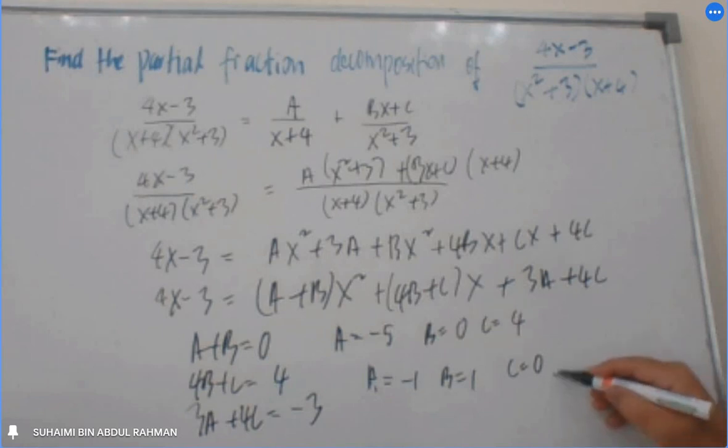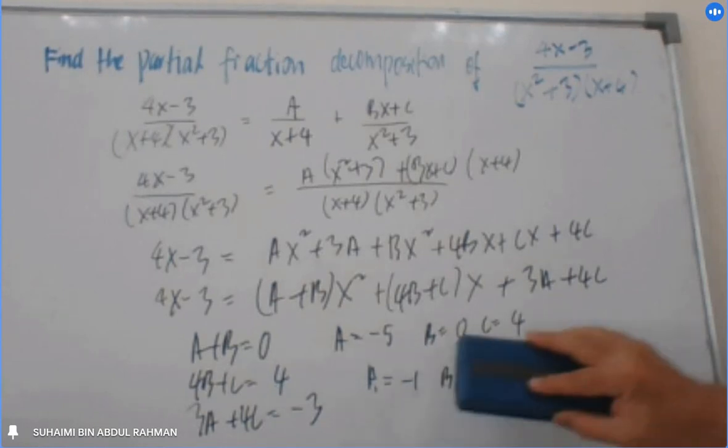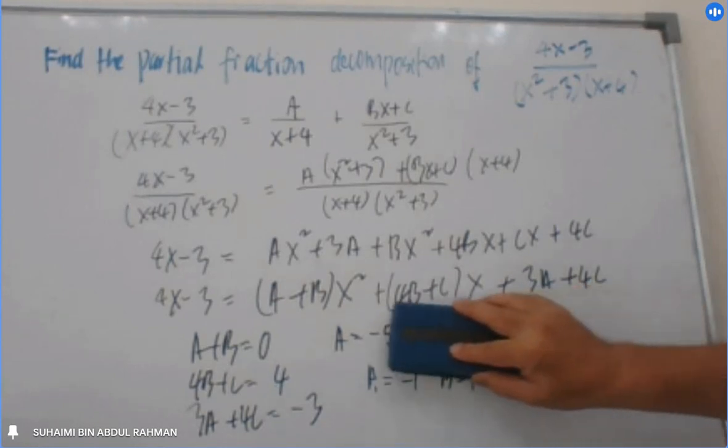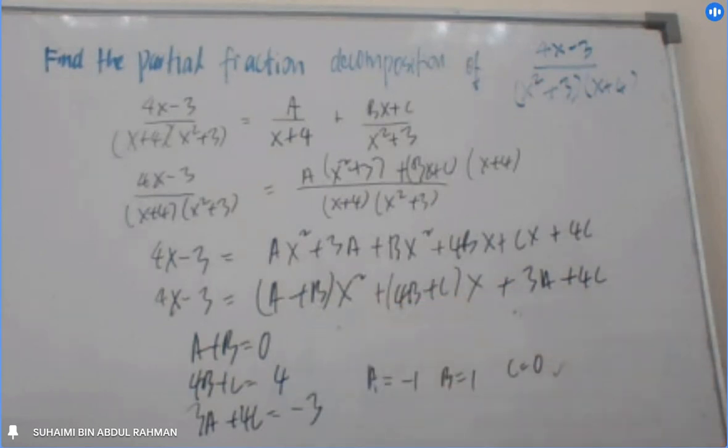This one is correct. A is supposed to be -1, B is 1, and C is 0. And then you substitute back.